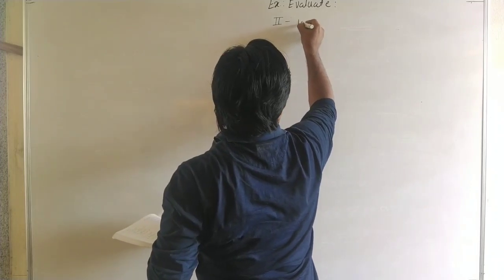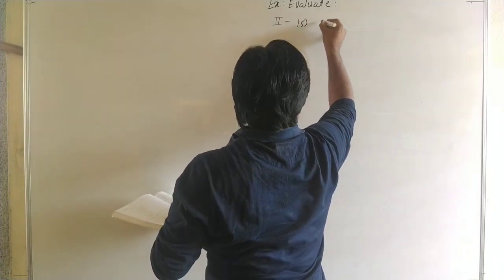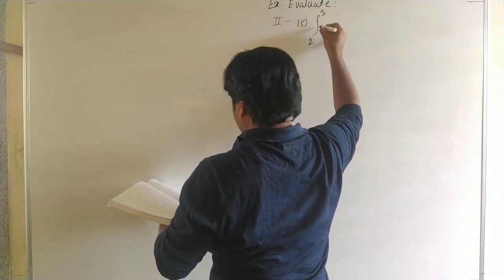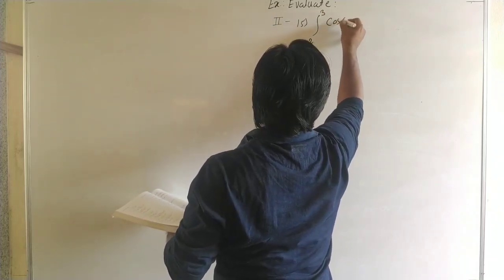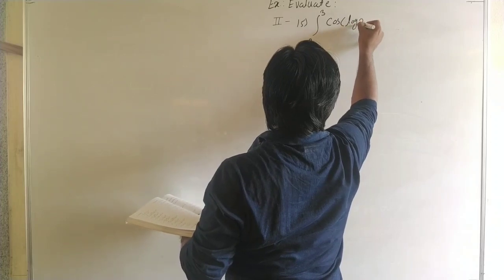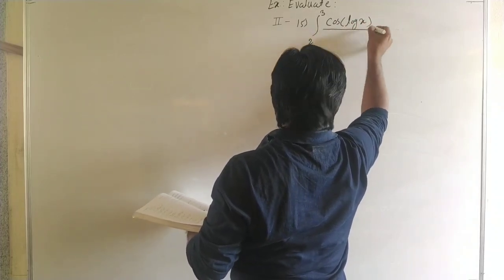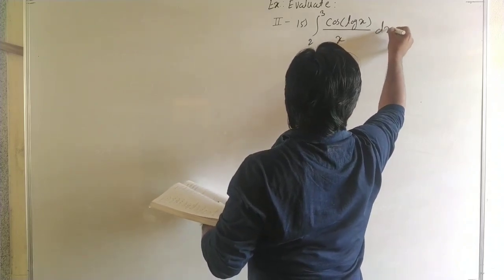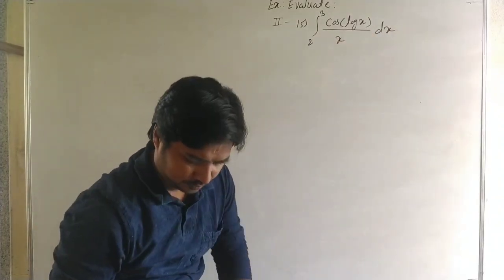Example number 15. Integral 2 to 3 cos of log x upon x dx. Here it is a simple example.